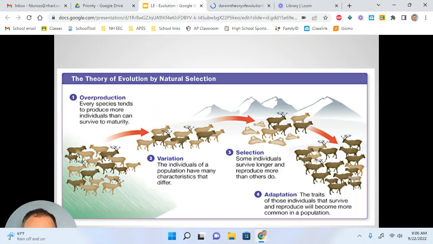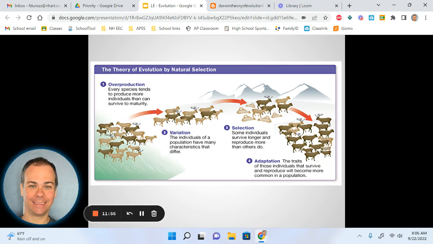More of them survived than the light colored ones. And in the next generation, therefore, there's going to be more dark colored ones. And then if the same situation happens again, in the next generation there's going to be more. In the next generation, there's going to be more. And over time, the whole population might change.